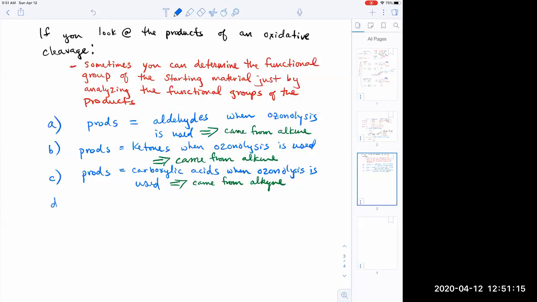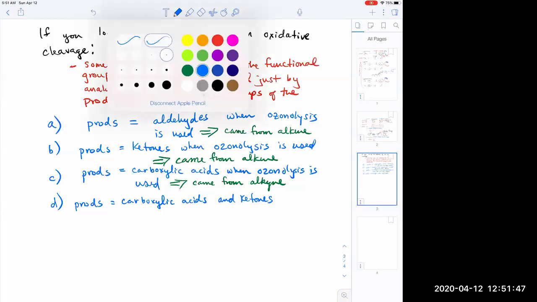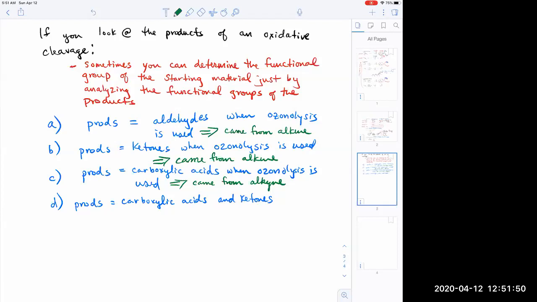So, for example, if you saw that the products were carboxylic acids, or carbon dioxide, and ketones, the carboxylic acid and the ketone, well, the ketone could only have come from an alkene, not from an alkyne, because the products of an oxidative cleavage of an alkyne is only carboxylic acids.